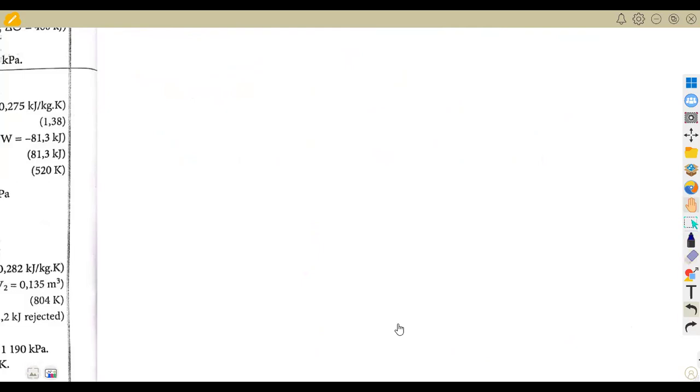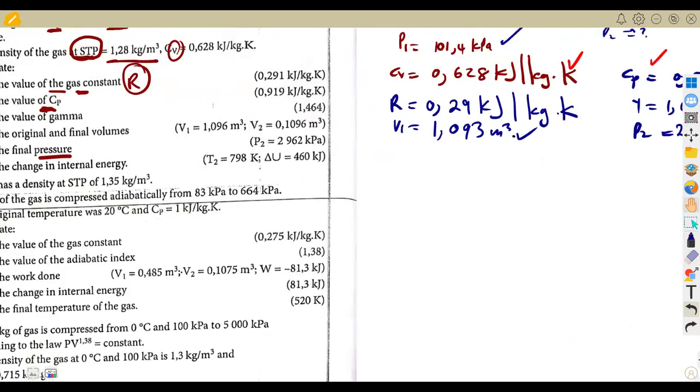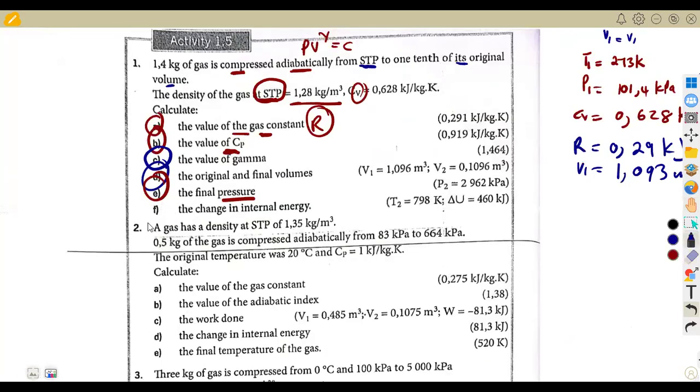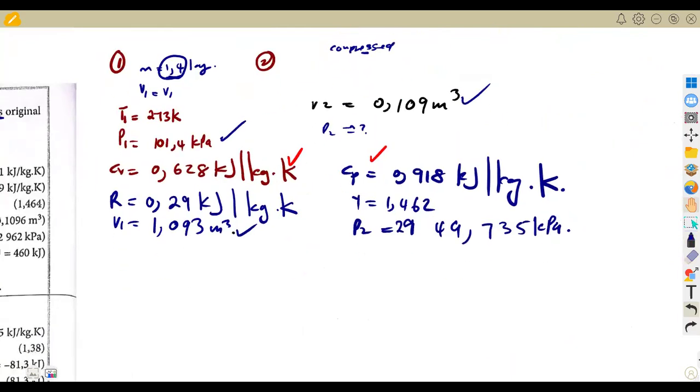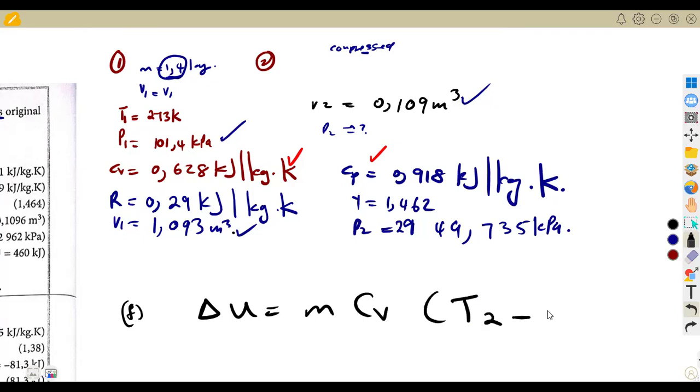So you need to understand this. Then the change in internal energy under an adiabatic process: how do we calculate it? Remember that we said under an adiabatic process, the change in internal energy is Cv times the change in temperature, T2 minus T1.